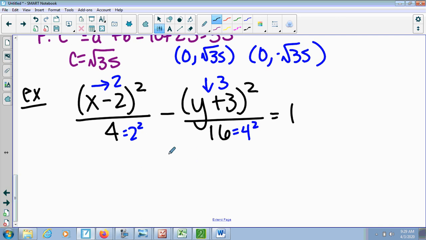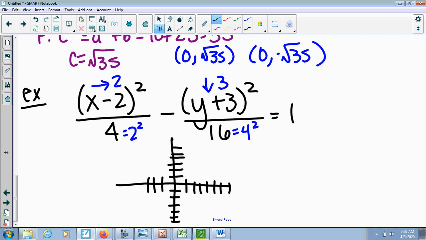So I think that's all that we need to know at this point. So we're going right 2, down 3, and that's where we start, and then we do everything else off of that ordered pair. So right 2, down 3, at your point, and then we go x direction, 2 left and 2 right.